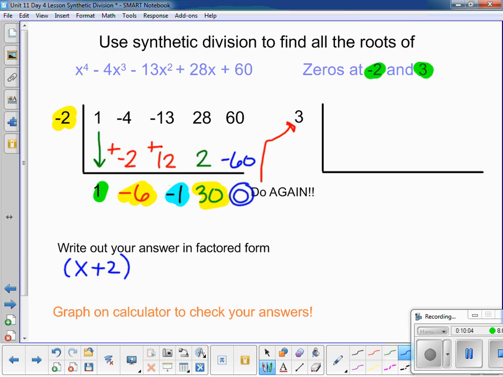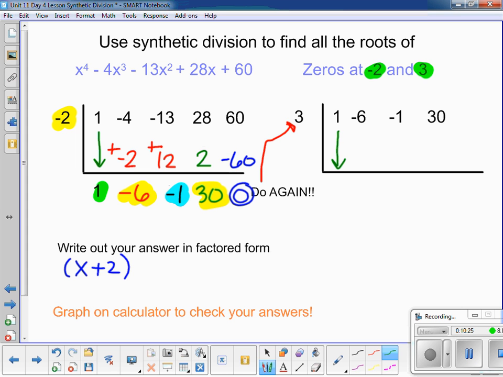Okay, now I'm going to copy these coefficients up here because I'm going to do it again. So I'm going to take my root of 3 and put it outside, and I'm going to copy the 1, the negative 6, the negative 1, and the 30, and do the same process again.